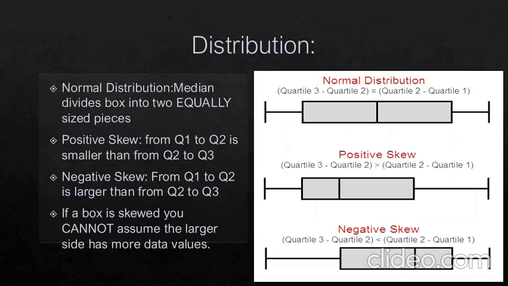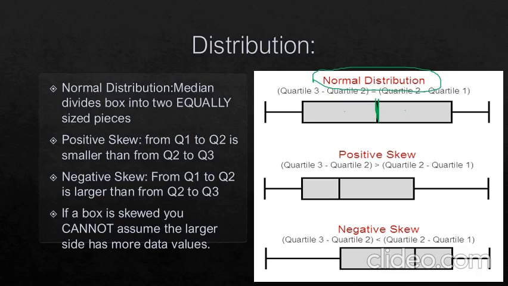Okay, so let's look at how your data is distributed. Normal distribution would mean, that's the one here at the top, you have your median over here, and basically what that does is it divides your box in the middle, and these 2 parts are equal.